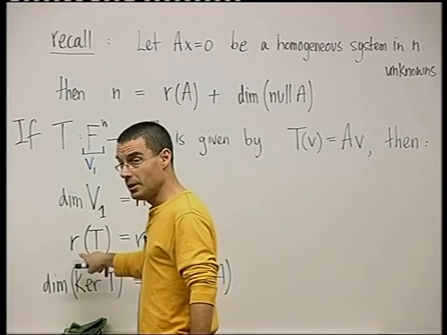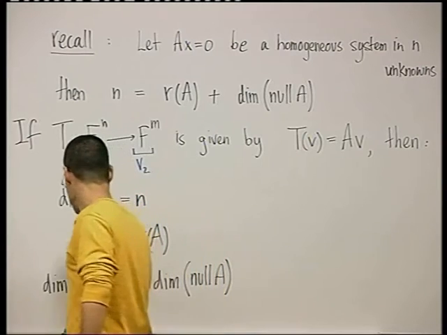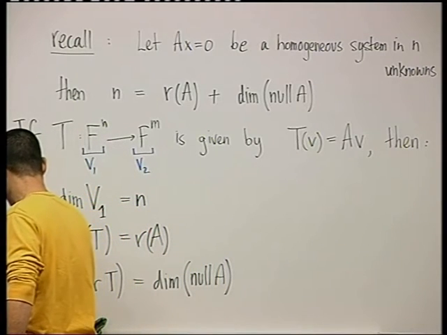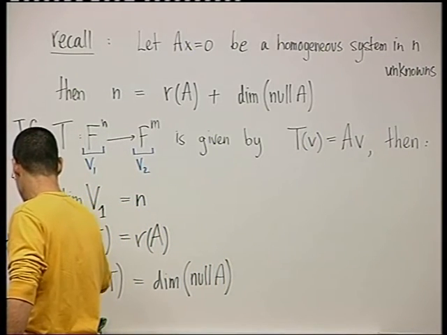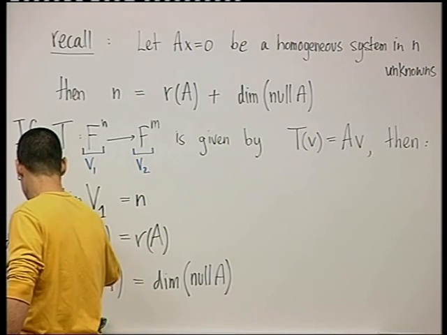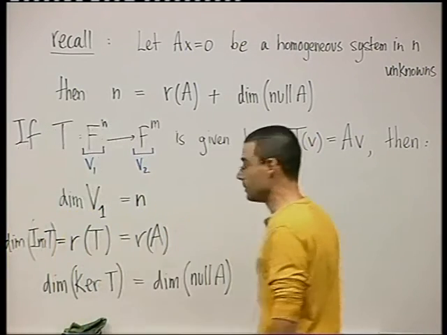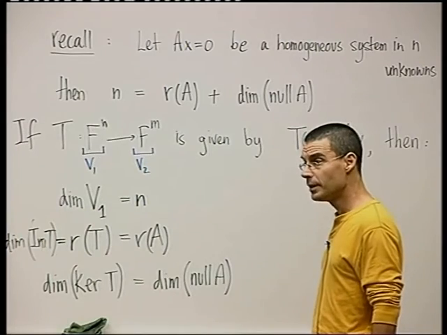And I want to add one more thing. R of T, by definition, is the dimension of the image of T. That's how we defined R of T. Good?